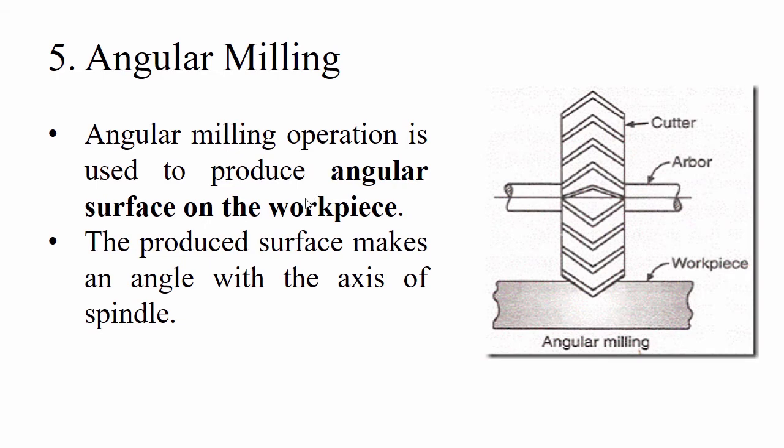This milling operation is used to produce V shapes or triangular shapes on the workpieces that you desire. Again, because the axis of rotation is horizontal, it is done on the horizontal milling machine.